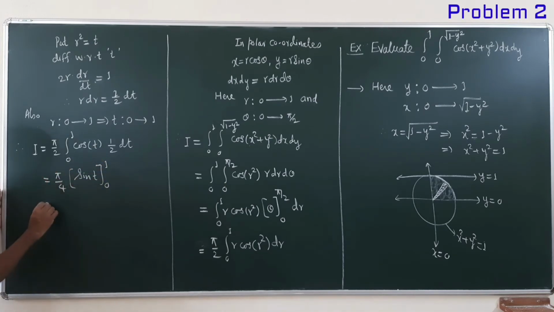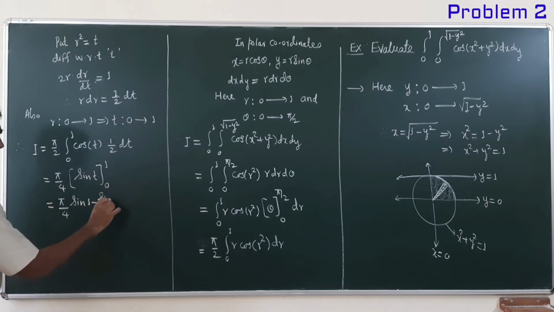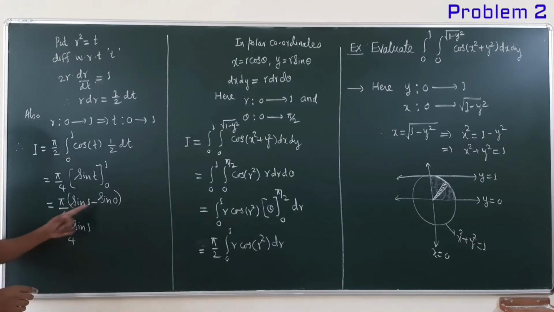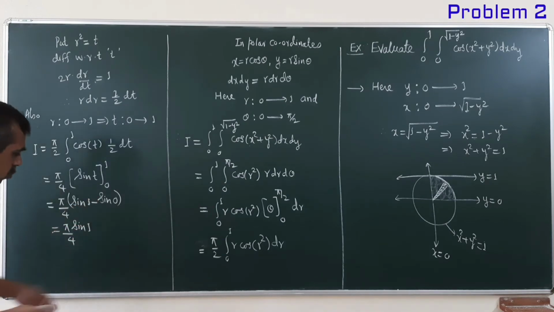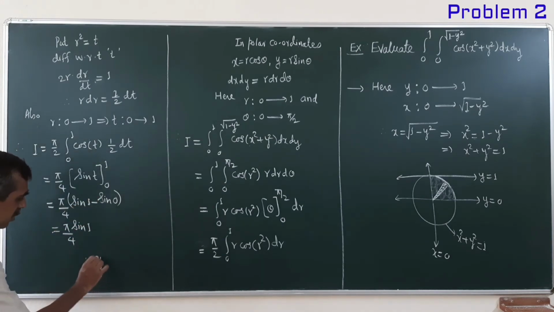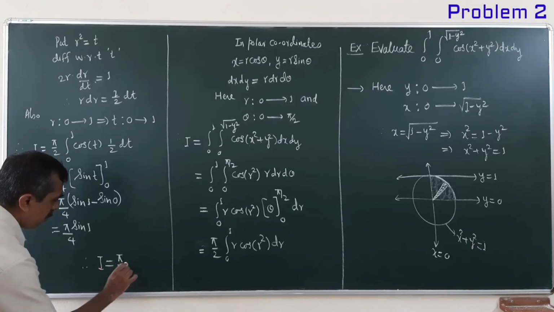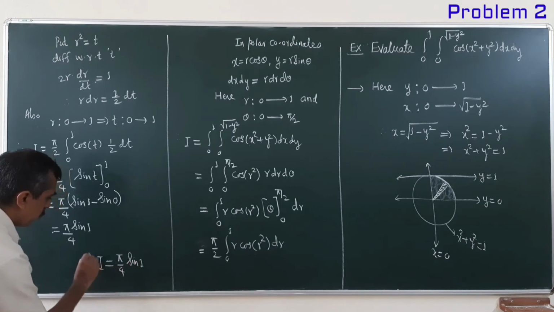So this gives pi by 4 into sin of 1 minus sin of 0, which is pi by 4 into sin of 1, because sin of 0 is 0, that you know. So what is the final answer? I is equal to pi by 4 into sin of 1.